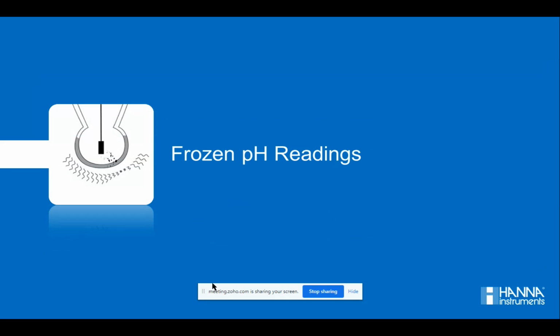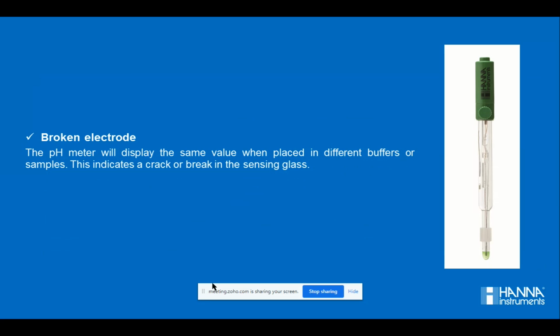If you have a similar or frozen reading in all the buffers and all the samples, then there is a possibility that your internal electrode is broken internally. Yes, it is a possible chance of having a crack or a break in the sensing glass, thus giving frozen or, you can say, similar readings in all the samples. This is the time that you have to replace your electrode with a new one.